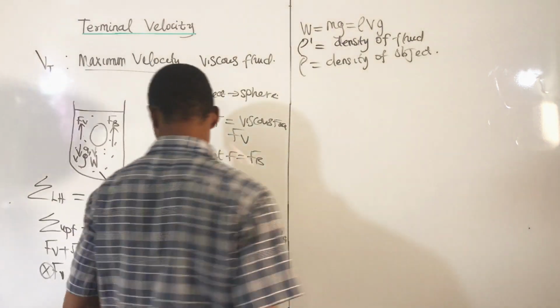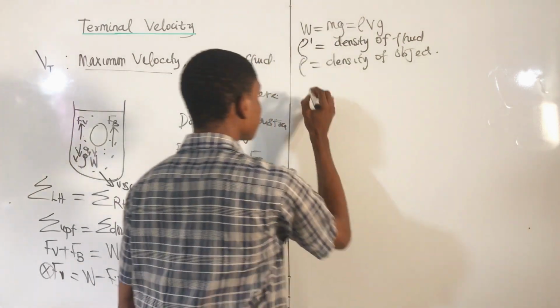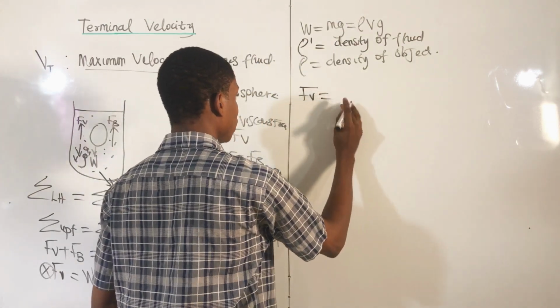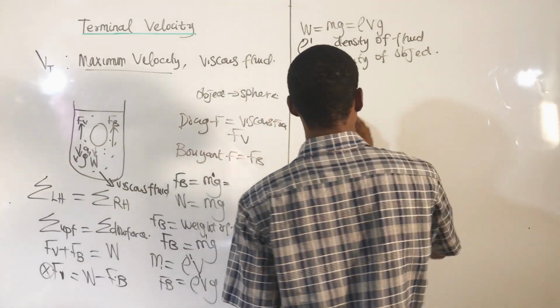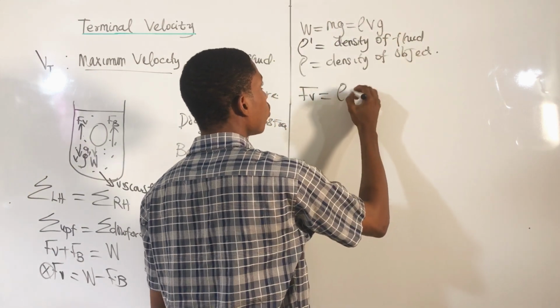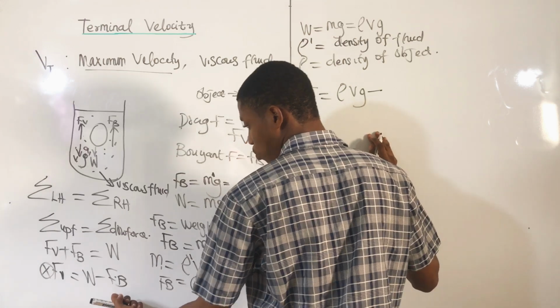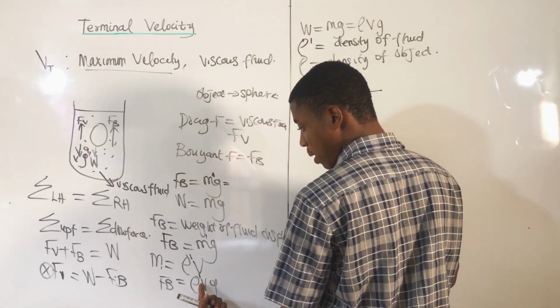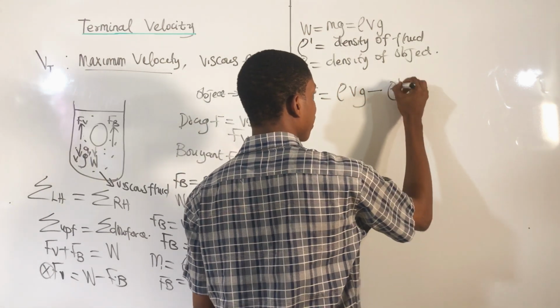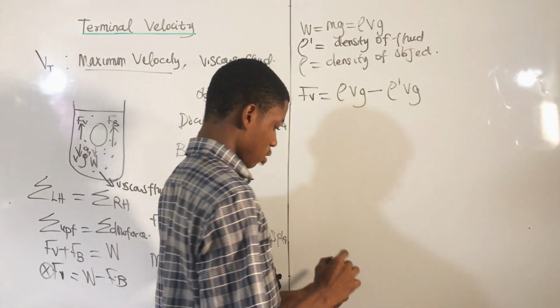So of course, we're going to substitute that value. We know that FV, which is the viscous force, is the weight, which is rho V g, minus the buoyant force, which is rho prime V g.